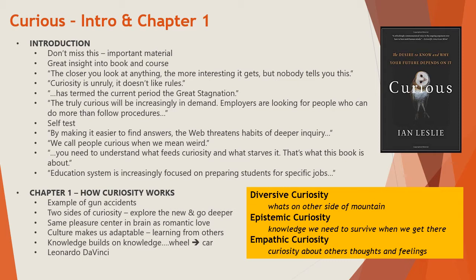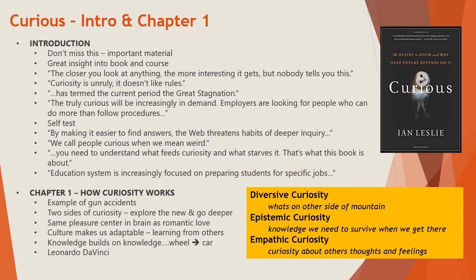Children are constantly warned not to touch guns, that they're dangerous, but the curious factor overrides their sense of rules and compliance. We already saw in the introduction that curiosity is unruly; it breaks the rules.